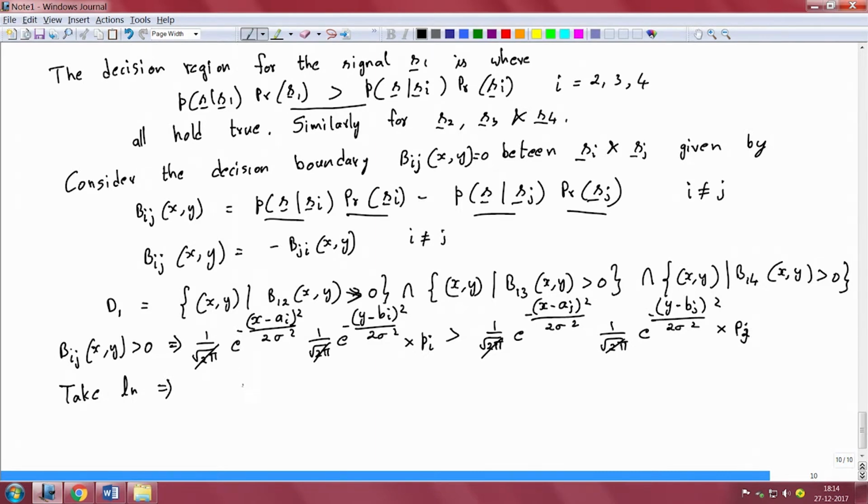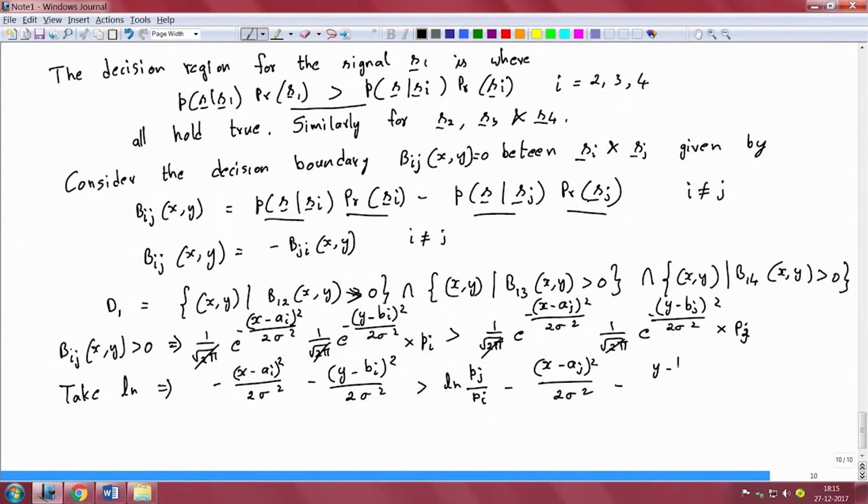Taking logarithms, we have minus (x minus a_i) whole square by 2 sigma square minus (y minus b_i) whole square by 2 sigma square is greater than logarithm of p_j by p_i minus (x minus a_j) whole square by 2 sigma square minus (y minus b_j) whole square by 2 sigma square.